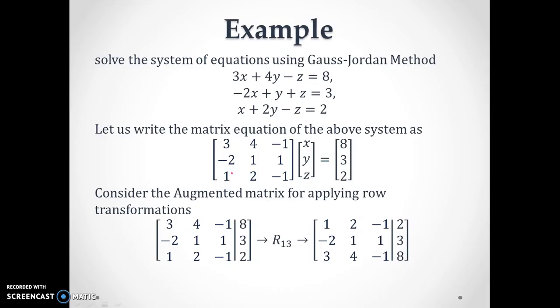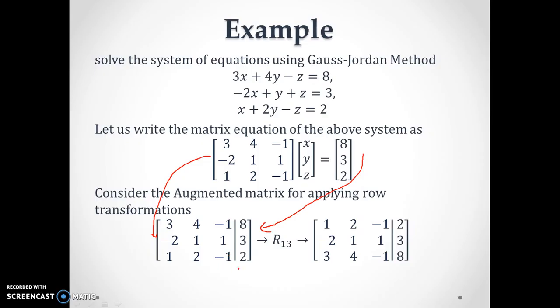So you can see I've written this matrix A. This is the augmented form, and this matrix B here, and then I'm going to start performing the row transformations. You can see that in this matrix 1 is present here, and since I want to convert this matrix to the identity matrix, I should have 1 0 0, 0 1 0, 0 0 1.